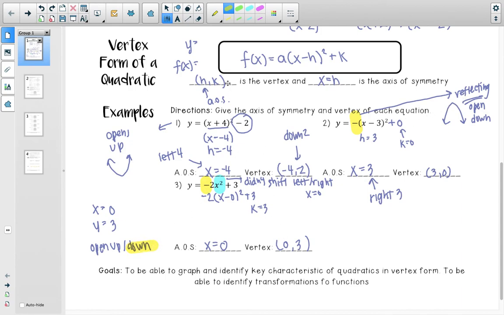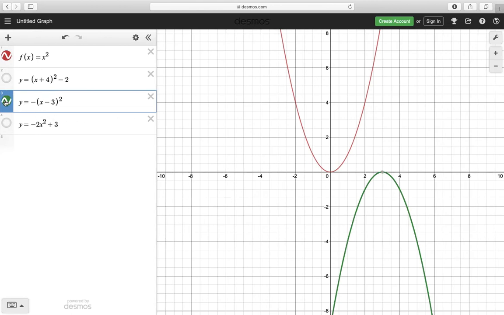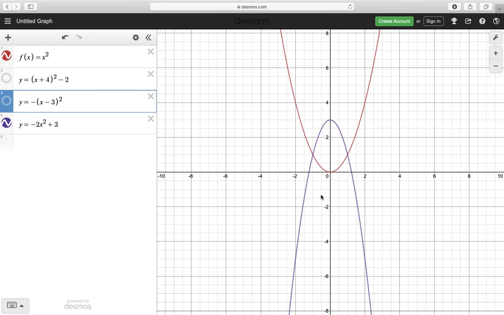So let's go over the transformations. Again, just looking kind of forward to the next video. So we have this right here. Okay, the purple line. Do you notice how it didn't move left or right? This vertex is at 0 originally, and this vertex x value is at 0 too, right? It did shift up 3, and that's what we said it would do with the 3, because the vertex is now at 0, 3.